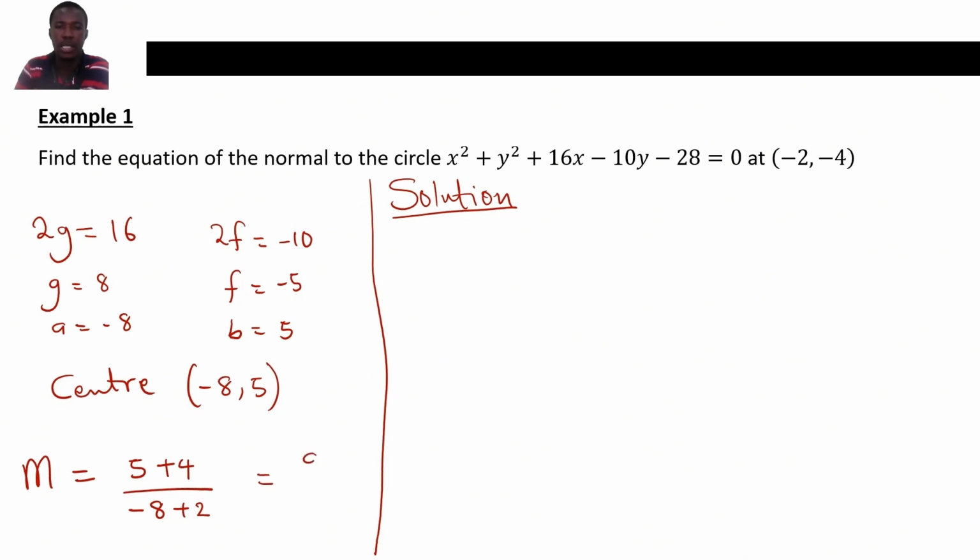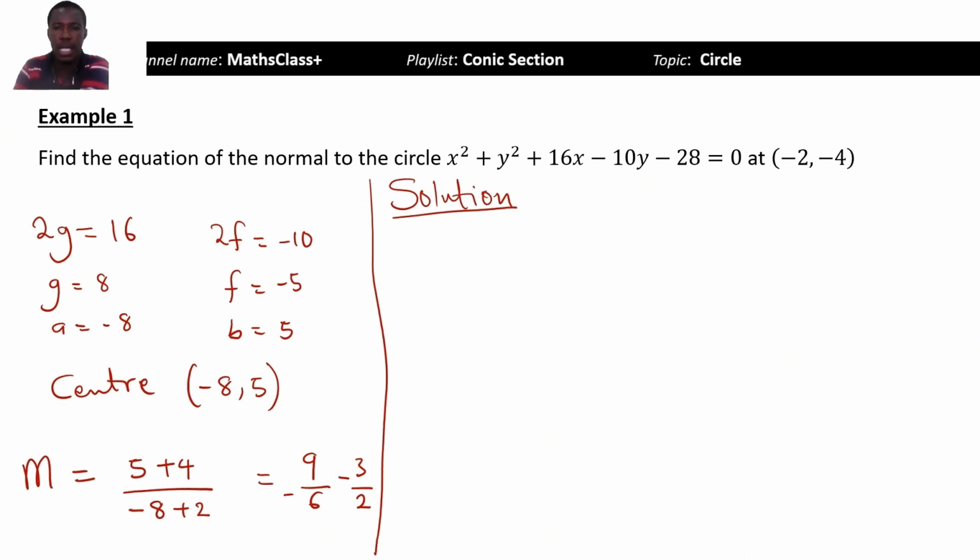That will be 9 over -6. When we simplify, 3 goes into 9 three times and into -6 two times. So the gradient will be -3 over 2.